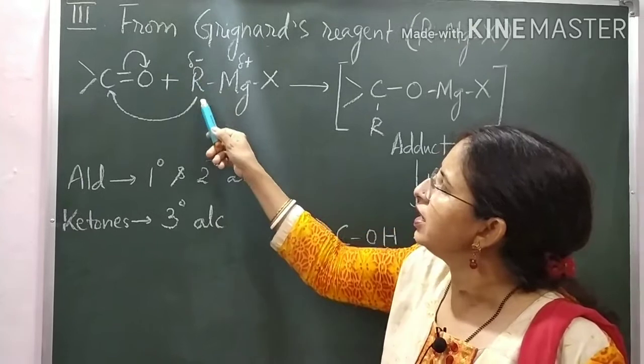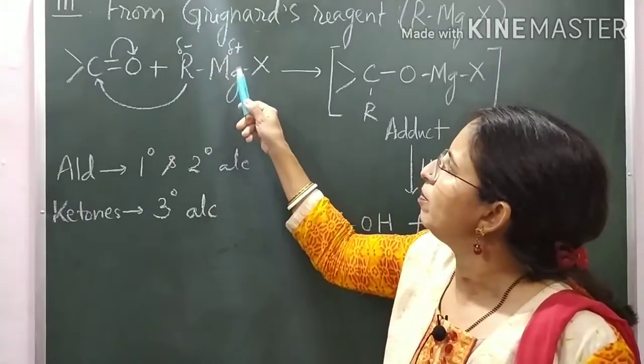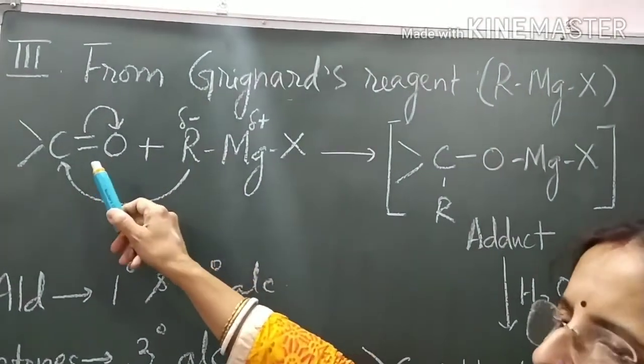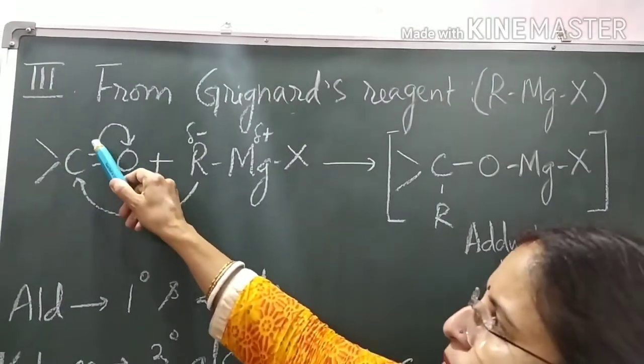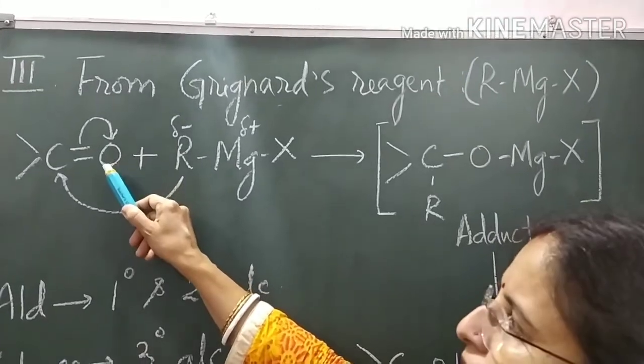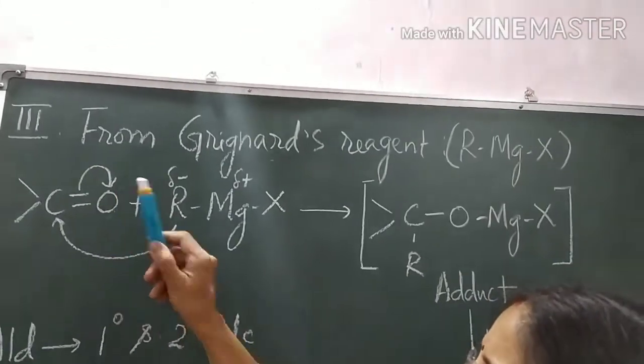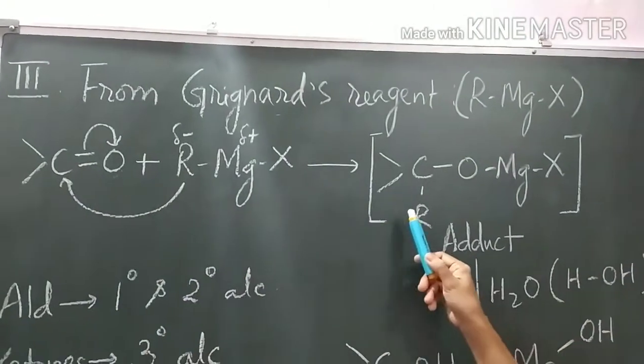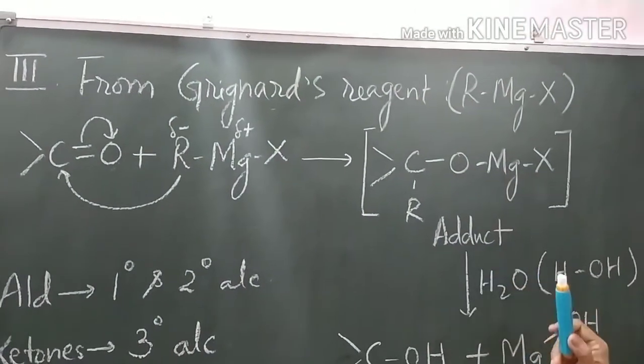The electronegative part is the alkyl group and the metal part is the electropositive group. So when Grignard's reagent comes near the carbonyl group, the pi bond shifts towards oxygen because it is the electronegative entity, and the R group binds to carbon and we get an adduct or transition state.